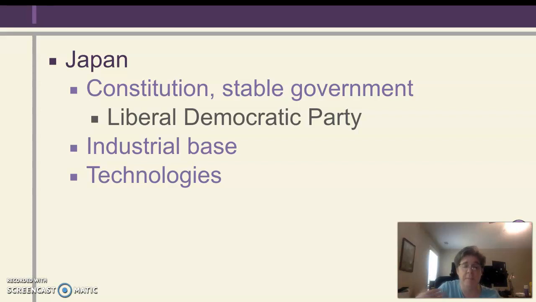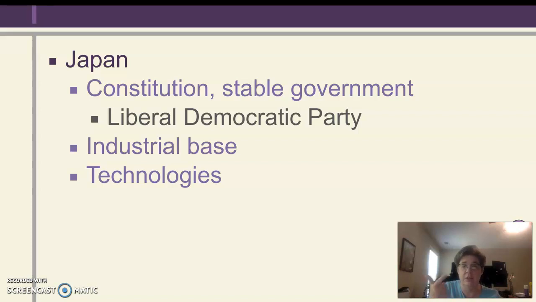He helps them build an industrial base, which will lead them into becoming one of the foremost countries in the automobile industry. And then from that industrial base, they will build other technologies that today we all know Japanese products are some of the best in the world.